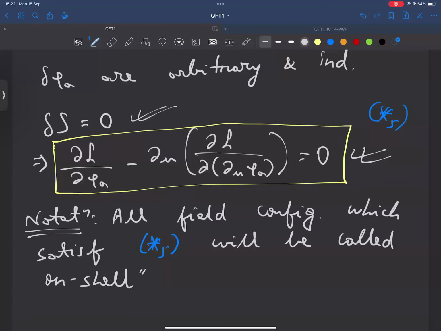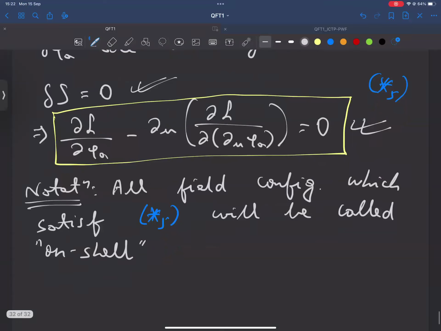Okay. So every kind of equation or expression that we derive, or every field configuration that we study, if that comes from the equation of motion, if that uses the equation of motion, which is star 5, then we will call all of those expressions, those identities, on shell expressions, identities, or on shell field configurations. Okay.